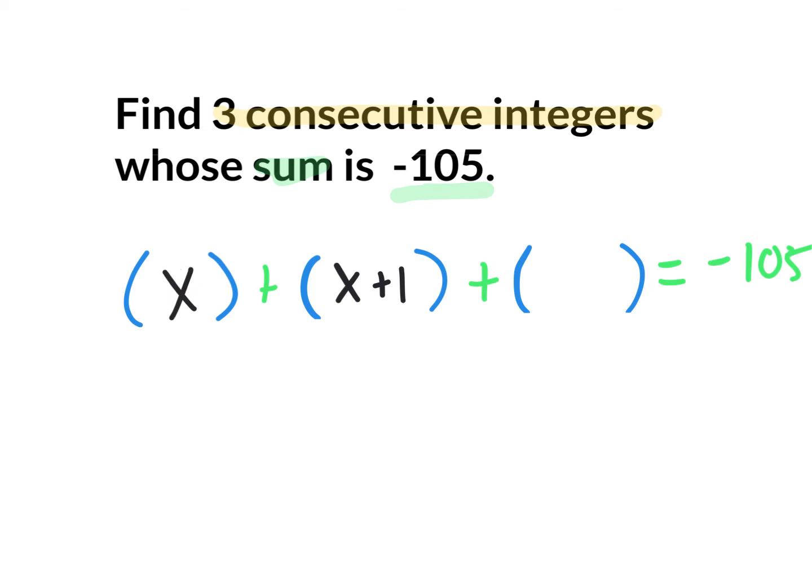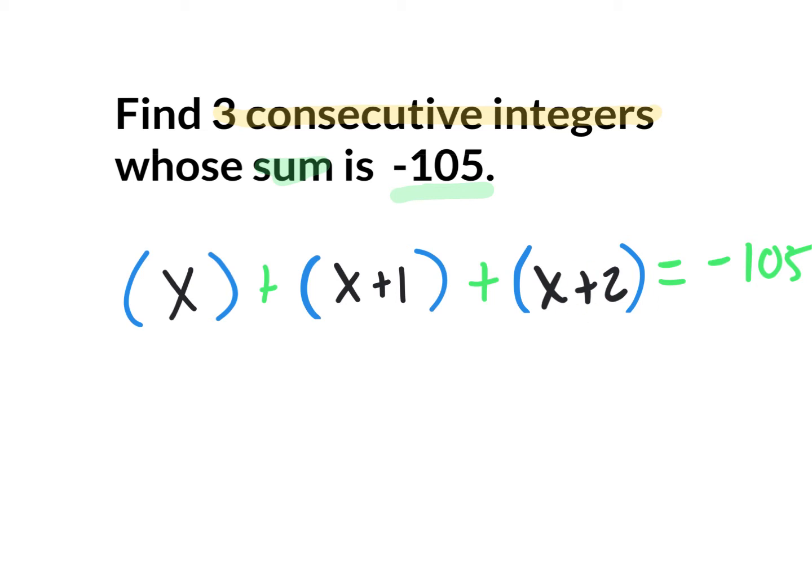So if this is 10, this is 10 plus 1, and this is 10 plus 2. This is true for negative numbers as well. If this is negative 20, then this is negative 19, and this is negative 18, because x is negative 20. But I don't know that this is negative 20, that's why I put x. The next number would be x plus 1, the next number x plus 2.